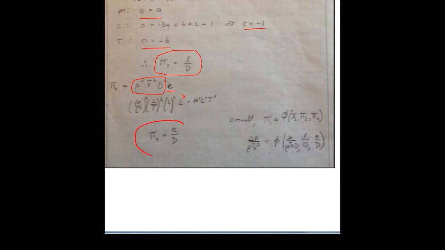We'd get that E over D is the dimensionless group, and that also makes sense because it's really the roughness relative to how wide the pipe is. So then we don't know the functional relationship. We'd have to do some experiments, but we could write that this pressure drop pi term is a function of the other 3 pi terms. And that's how we do these Buckingham Pi dimensional analysis problems.